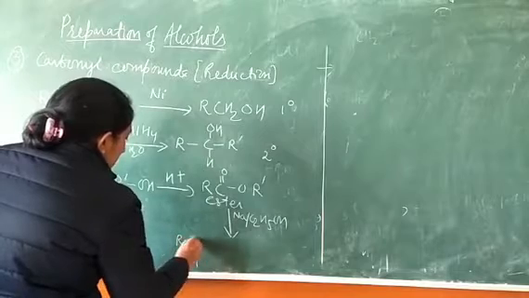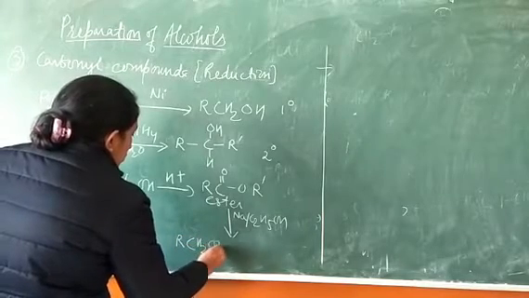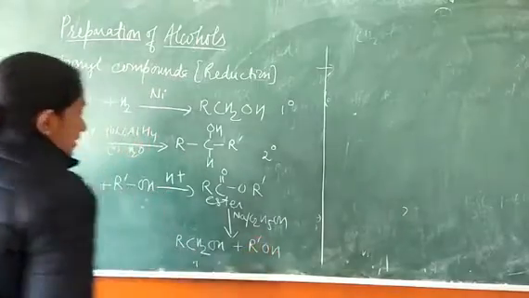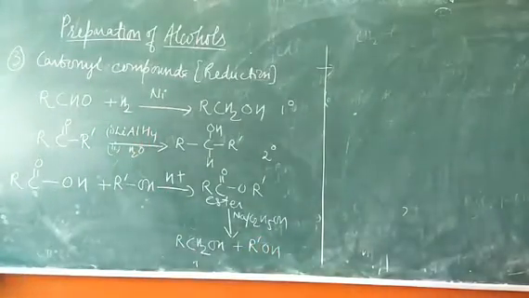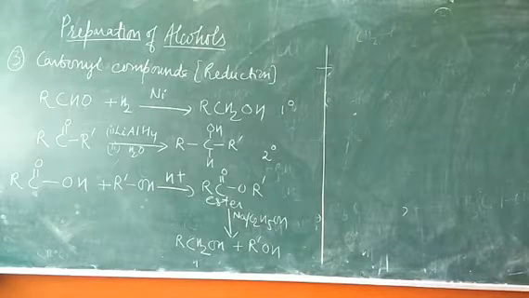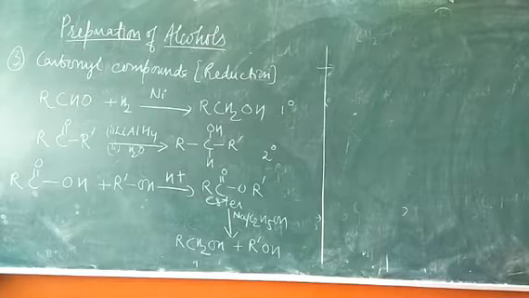So it will be RCH2OH plus ROH. We will get a mixture of alcohols here: the first one is RCH2OH and the second one is R-OH. In this way we can prepare alcohol from the reduction of carbonyl compounds.